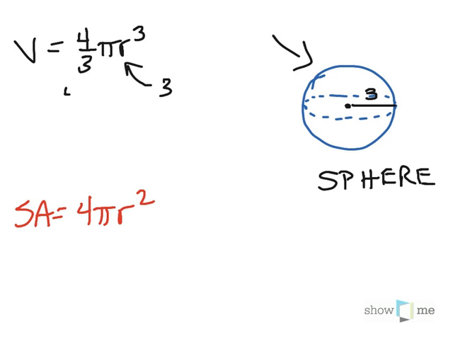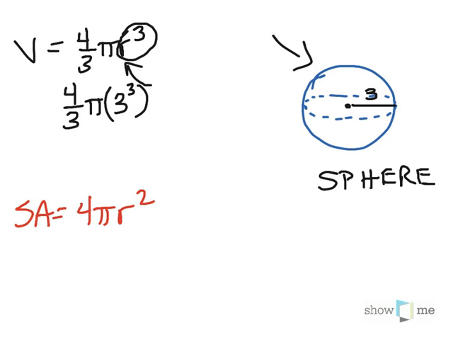Okay, so let's write out what we have. 4/3 pi. Now remember, that is right here. The exponent applies only to the radius, not to the pi and not to the 4/3. So I have 3 cubed. Okay, now 3 cubed is not 9, but that's what a lot of people will accidentally put, especially when they get moving fast.